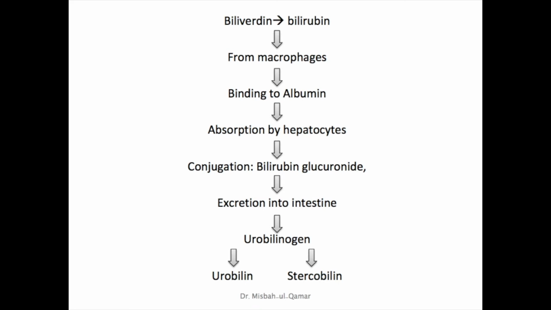Here it is conjugated with glucuronic acid to form bilirubin glucuronide and then excreted from the hepatocytes through bile canaliculi and finally into the intestines. In the intestines, it is converted to urobilinogen by the action of bacteria, but it becomes urobilin in urine while stercobilin in feces.